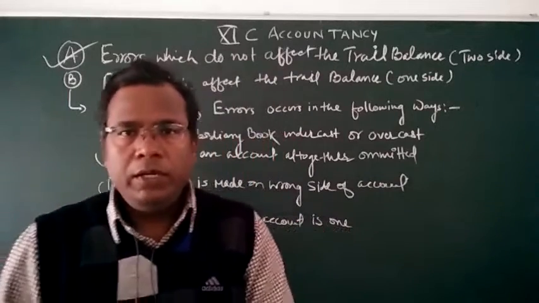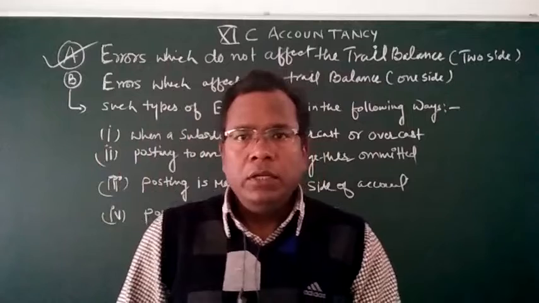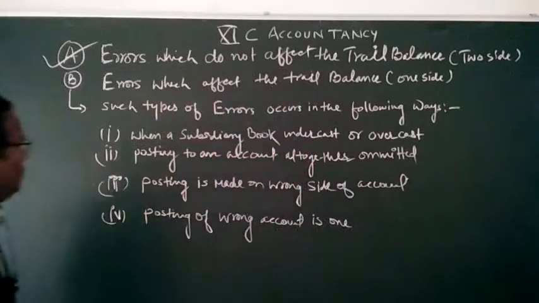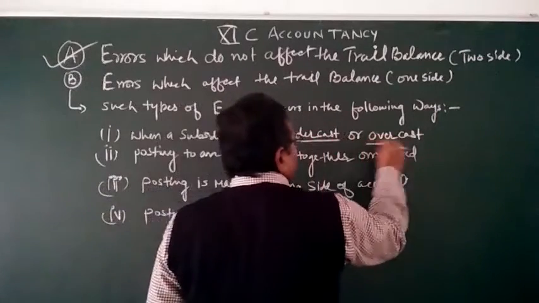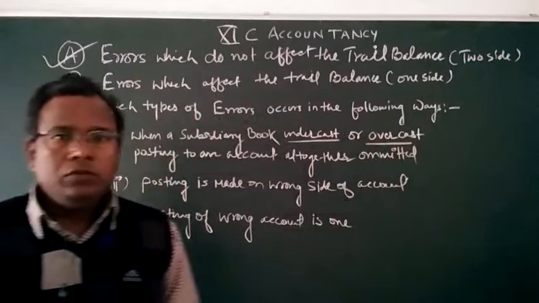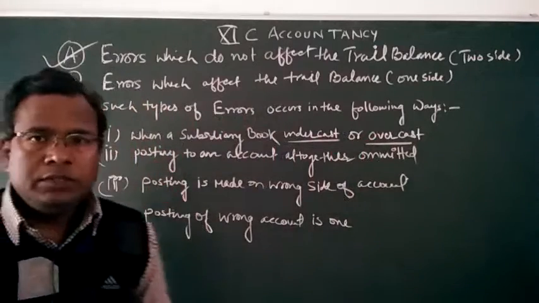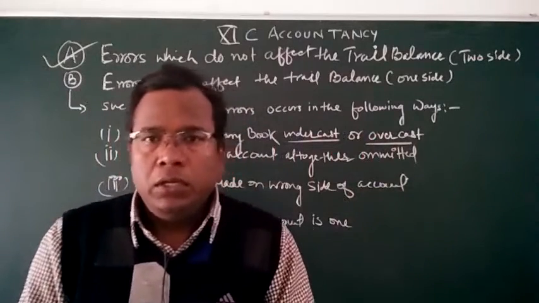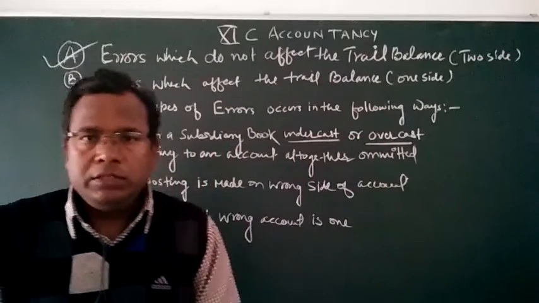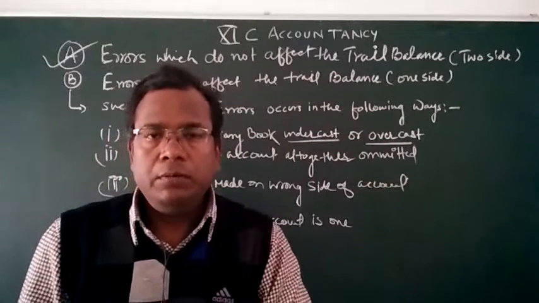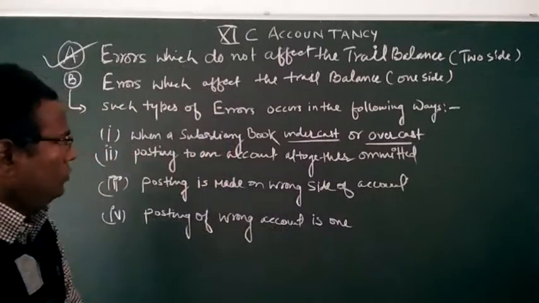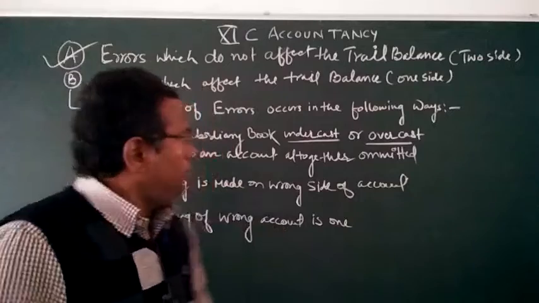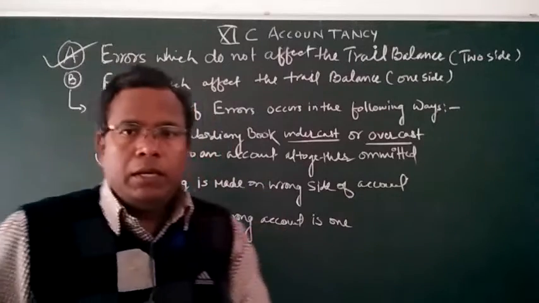These types of errors may occur in the following ways. First, when the subsidiary book is undercast or overcast. What does this mean, students? The subsidiary books mean the sales book, purchase book, debtors book, creditors book, bills receivable, bills payable, and all the types of subsidiary books. What is meant by undercast?